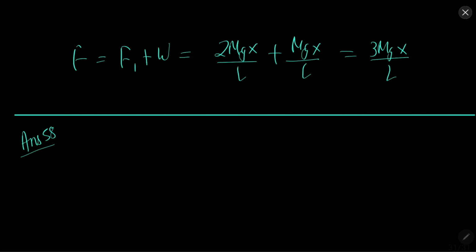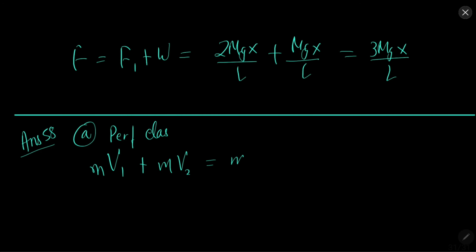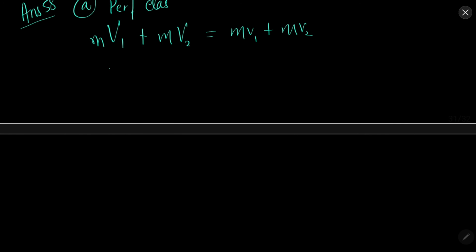So in first case, in perfectly elastic case, we will have m u1 plus m u2 equal to m v1 plus m v2. So this will be 10 plus 0 equal to v1 plus v2.